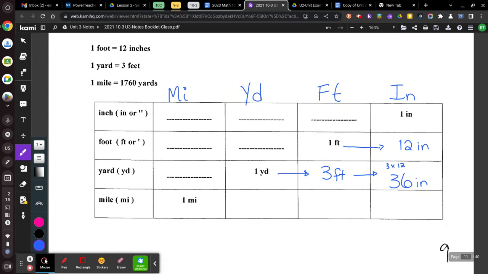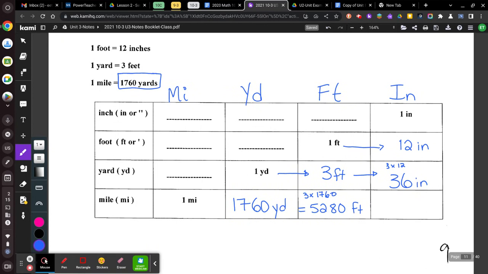Then we're talking miles. For miles, it tells us right up here it's equal to that many yards. So I'm going to put 1,760 yards. Now, there's 3 feet in a yard, so I'm going to take 3 times 1,760, and that's going to give me this number. So that means 5,280 feet is equal to 1 mile.